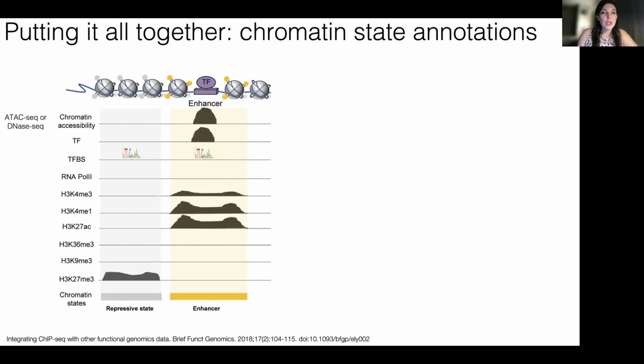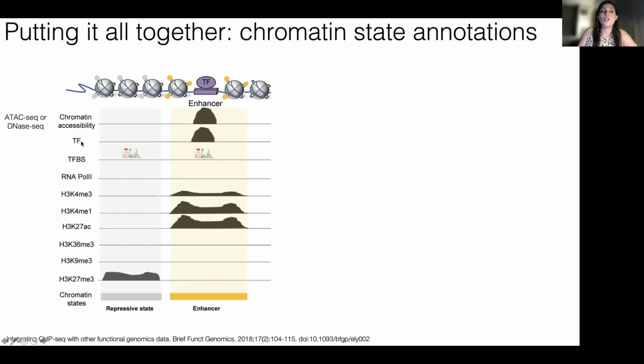I mentioned earlier that there's kind of open and closed chromatin, and that there's these enhancer regions with transcription factors. So we can look across the whole genome and identify regions that correlate with a specific state, so a repressive state or an enhancer state. And we can use all the things we've learned so far. So we can look at chromatin accessibility with either ATAC-seq or DNase-seq.